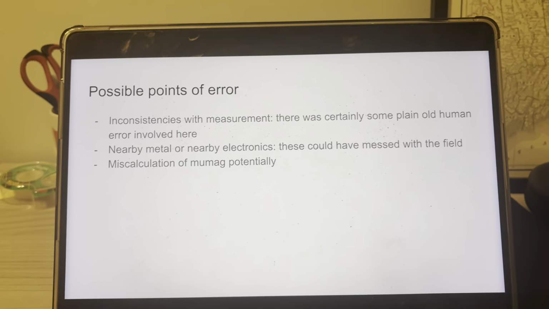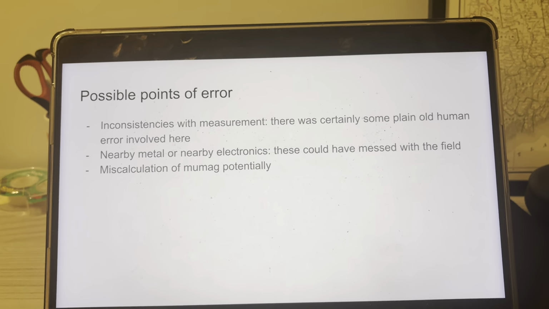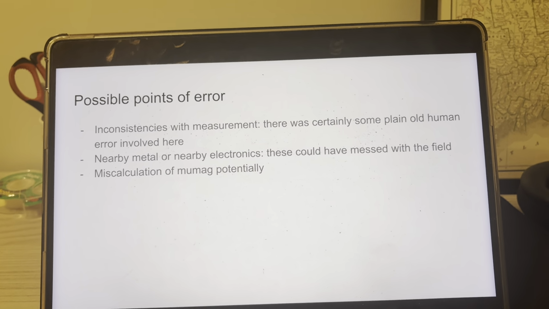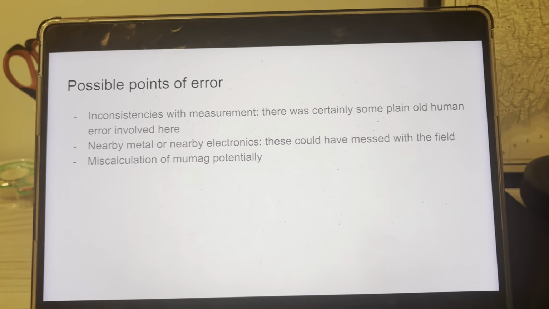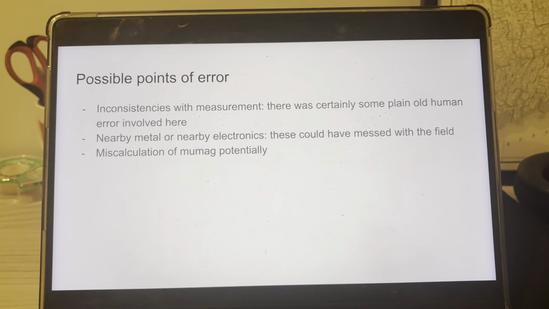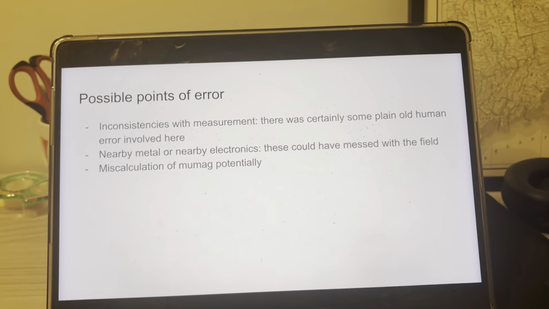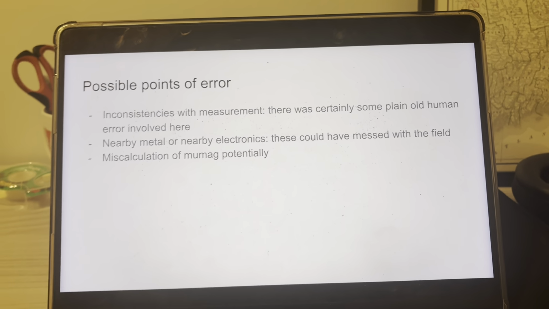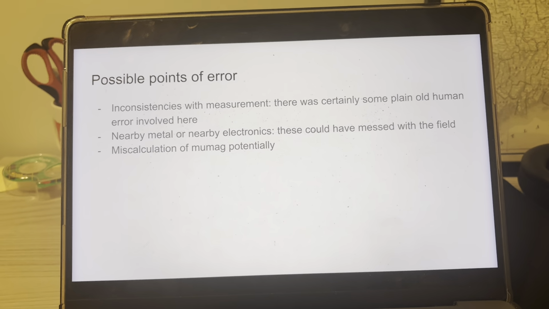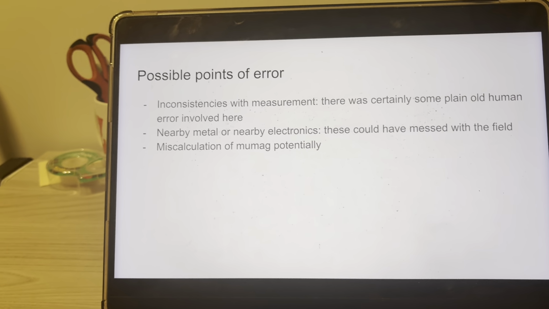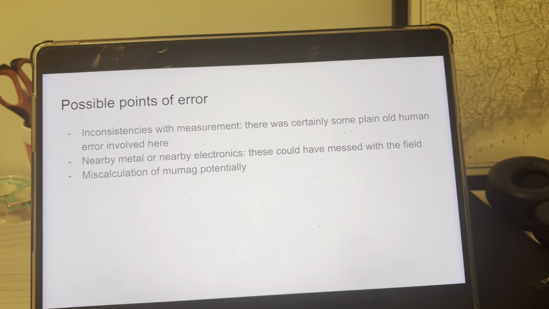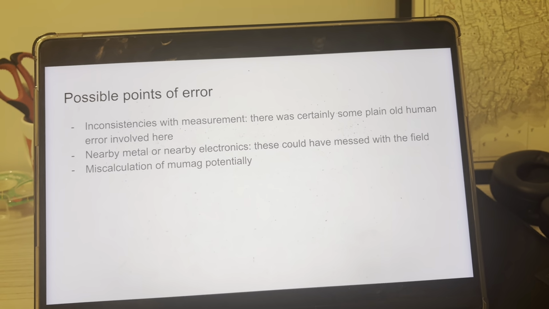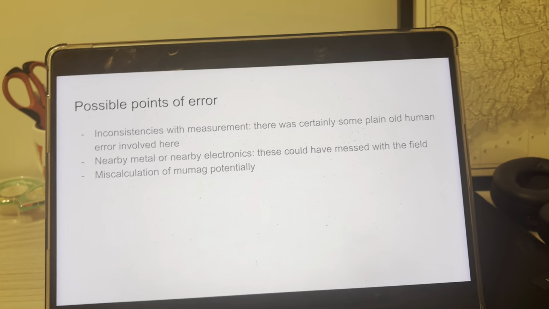So possible points of error, as I said earlier, the potential miscalculation of the mu mag, and also nearby metal or nearby electronics could have messed with the magnetic field. I think our phones were probably on the table, our computers were definitely on the table, and at least one or two of our computers were pretty close to the experiment.